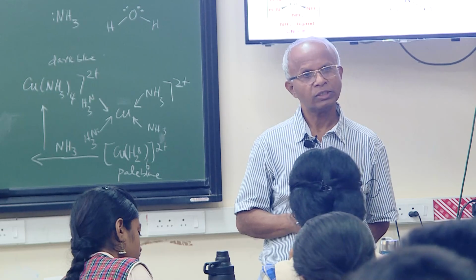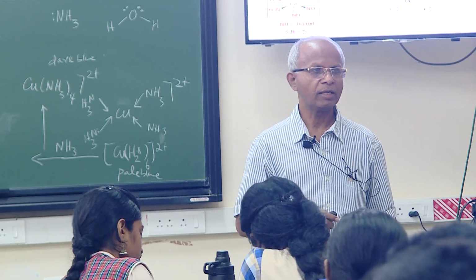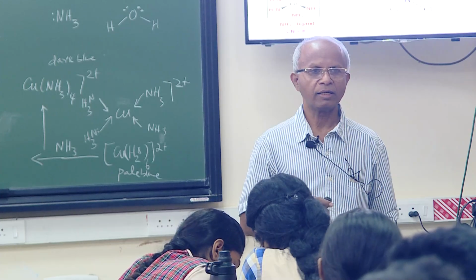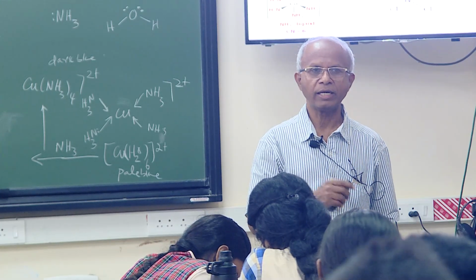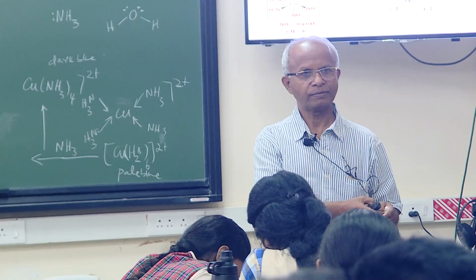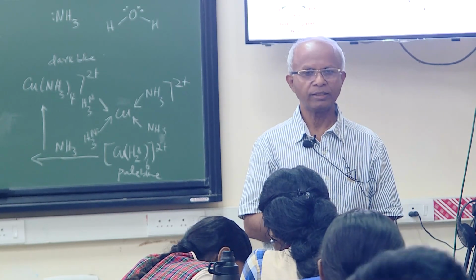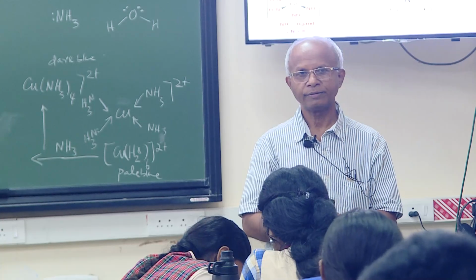Similarly, to explain the transition metal complexes, the structure, bonding, and properties like color or why they are paramagnetic or diamagnetic, these earlier theories fail. You will not be able to predict based on the theories that you have learned.